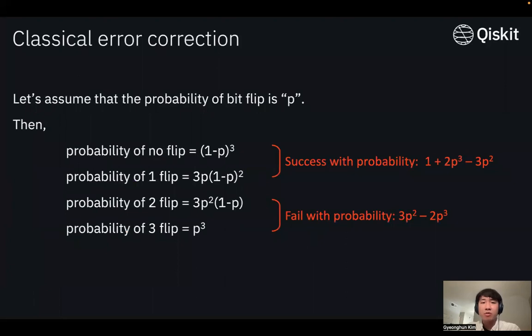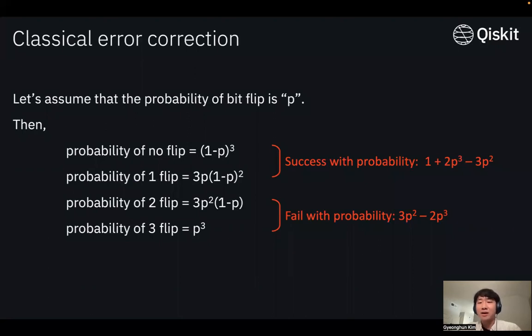We can calculate the probability of how this error correction method works with basic math. The probability of no flip is (1-p)^3, and the probability of 1 flip is 3p(1-p)^2. If you add these two numbers, you can calculate the success probability. On the other hand, you can also calculate the failure probability by adding the probability of 2 flips and the probability of 3 flips.